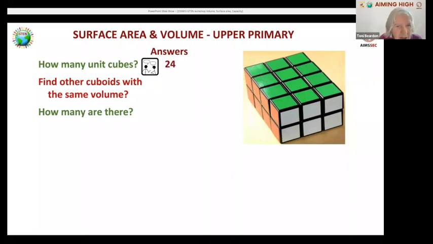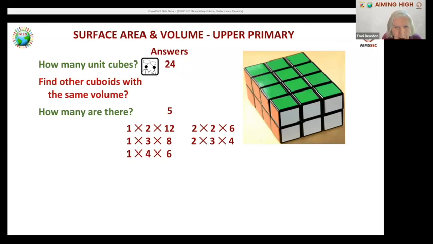Well, I've got a list here, but I'm not sure I've got everything on it. So there are 24 units, and we're getting more suggestions. I'm waiting for another one. 4 by 3 by 2. 6 by 4 by 1. So what you actually do, there are 5, I thought there were 5.